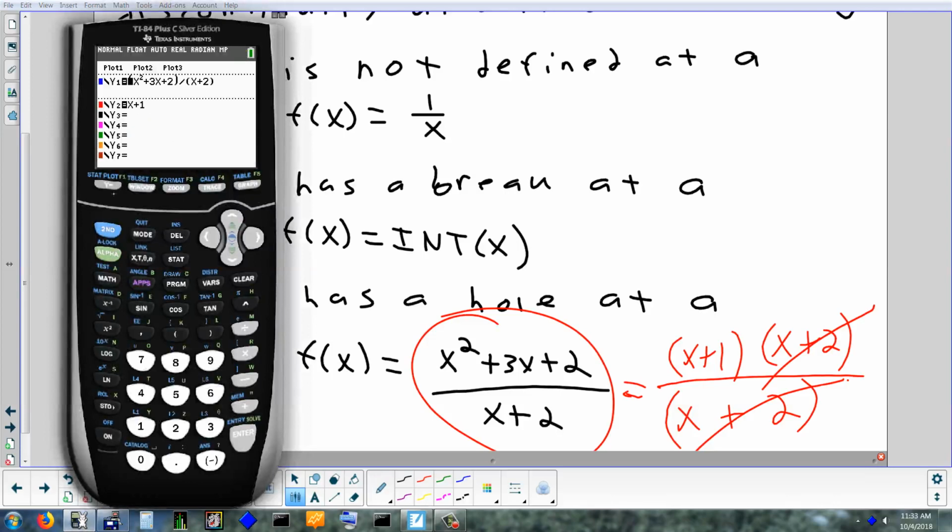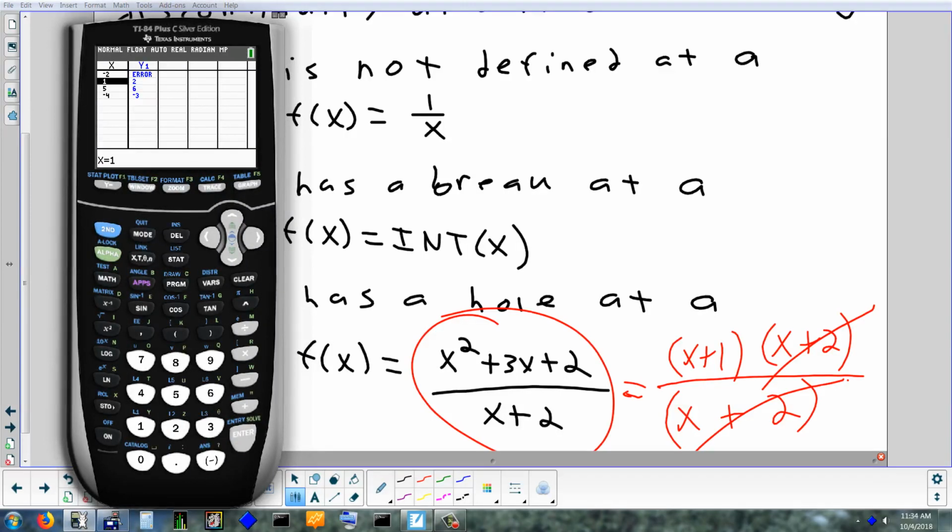So let me get rid of the one in red and go back to the original. There's a hole where you would be dividing by 0. What value of x would cause you to divide by 0 here? Yeah, -2. So if you try to trace to -2, look what happens. There's nothing written for y. If you go to your table and type in -2, it says error.